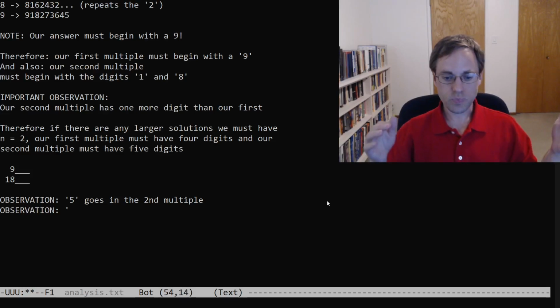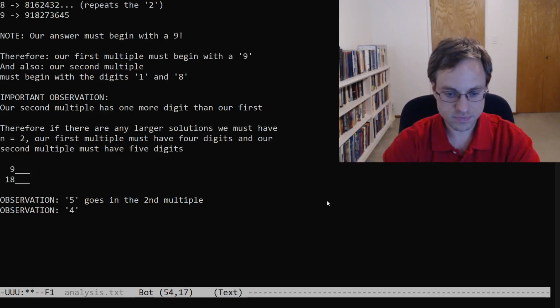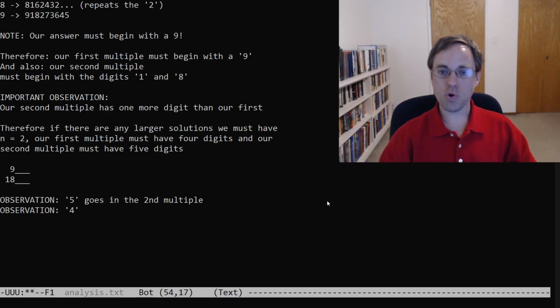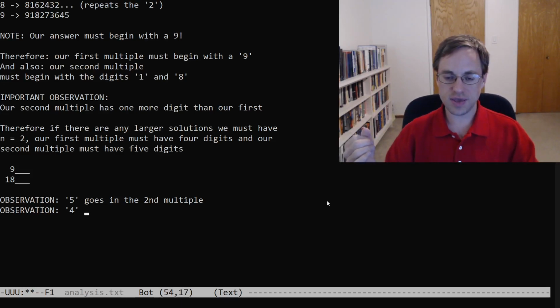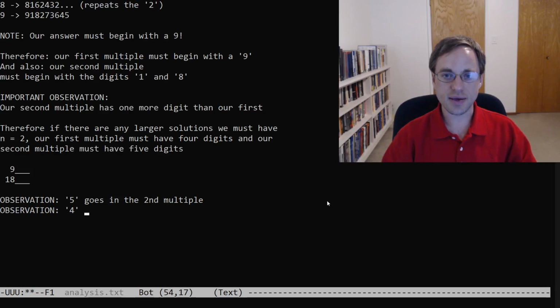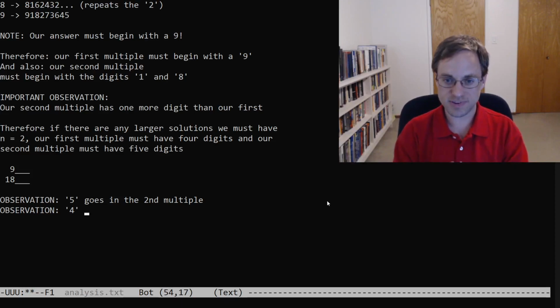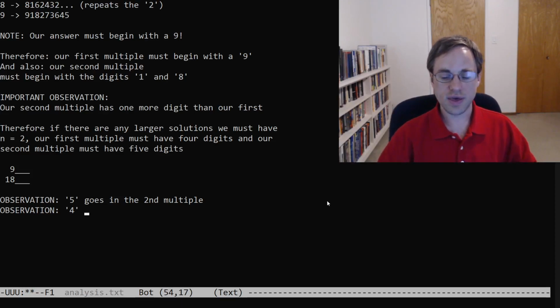Similarly, if we look at 4, if you were to try to put it in the first multiple, would give you either an 8 or a 9 in the second multiple in that same position. And so 4 can't go in the first multiple.